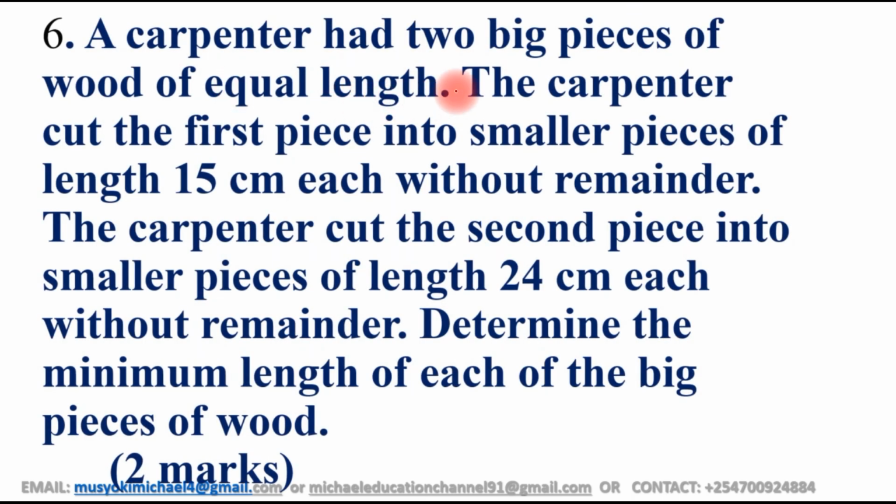A carpenter had 2 big pieces of wood of equal length. The carpenter cut the first piece into smaller pieces of length 15 cm each without remainder. The carpenter cut the second piece into smaller pieces of length 24 cm each without remainder. Determine the minimum length of each of the big pieces of wood.